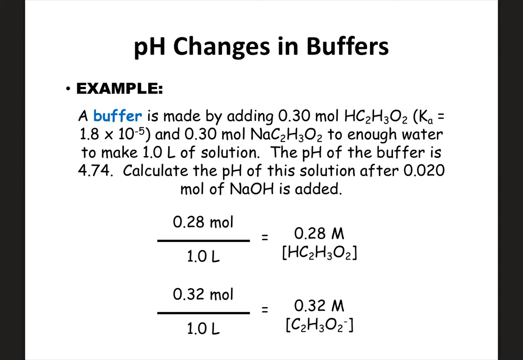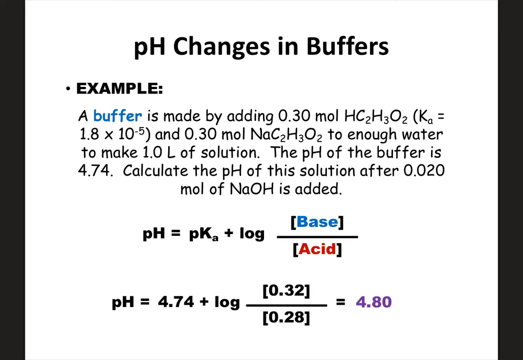Now that we have the concentrations, we can plug this in here to the Henderson-Hasselbalch equation. Since the weak part of my buffer was the weak acid, I need to use the pH version of the Henderson-Hasselbalch equation. You can quickly here find the pKa, do the negative log of your Ka, get your pKa, comes out to be 4.74.